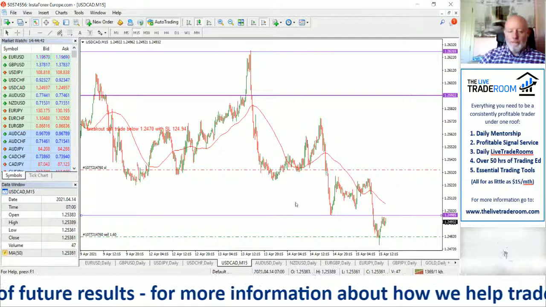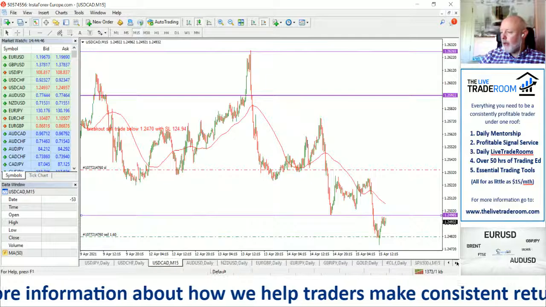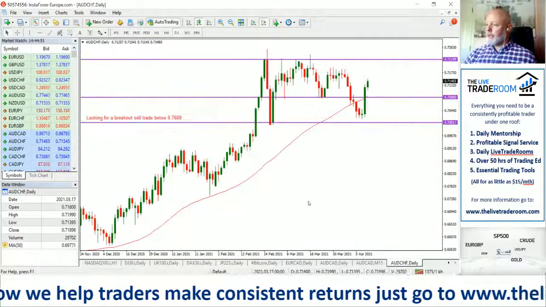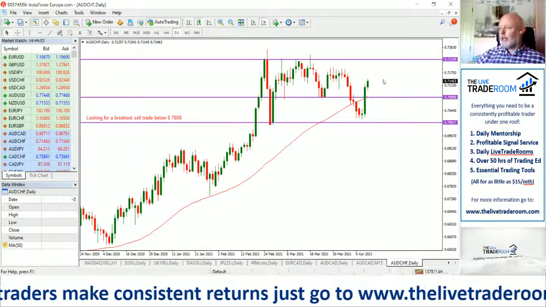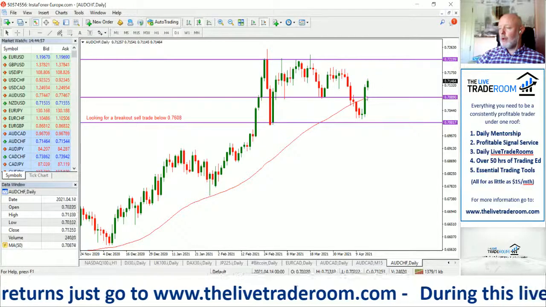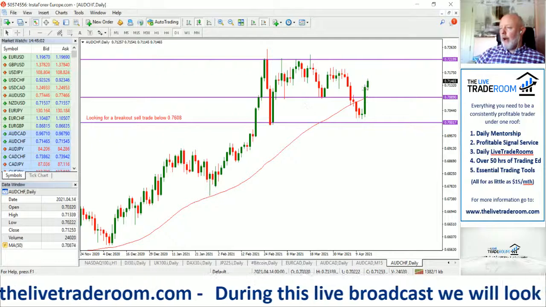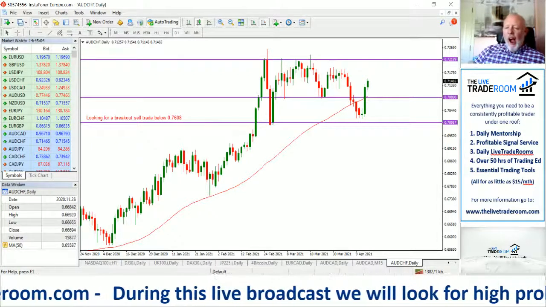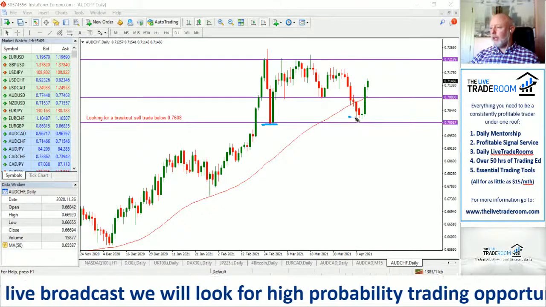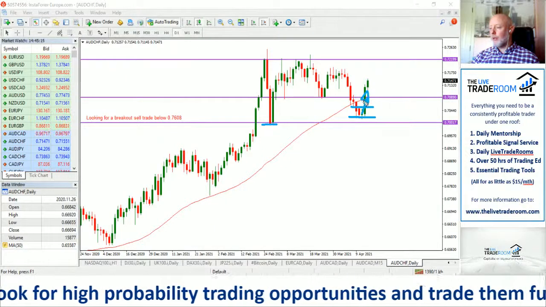Yeah, the Aussie Swiss trade. Do I have it on here? Yeah, the Aussie Swiss. So that's a good trade. Excuse me. So we've got this 4-day low in here, and then prices start to turn around and start pushing to the upside.